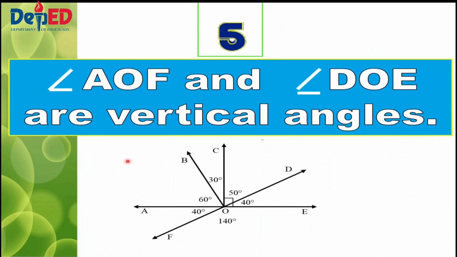And for the fifth statement, we have angle AOF and angle DOE are vertical angles. So what is the answer? Is it true or false? So we have here angle AOF is 40 degrees and angle DOE is also 40 degrees.